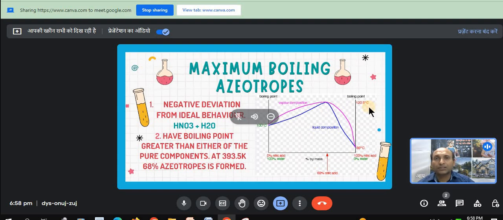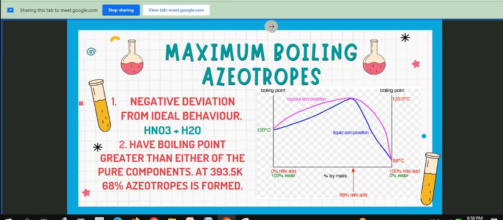This means the boiling point of the mixture is more than each of the components, water and nitric acid. So this is the maximum boiling azeotrope: boiling point is higher, negative deviation, nitric acid and water system. So these were the two examples with the curves.